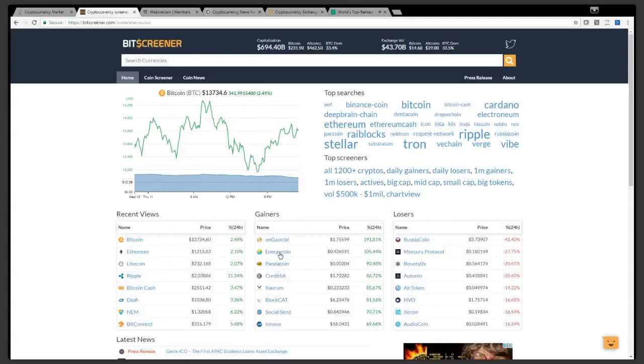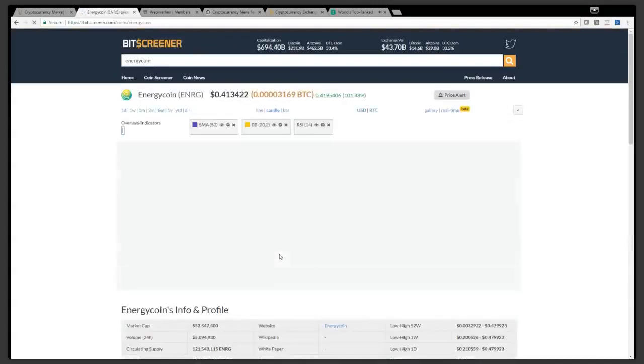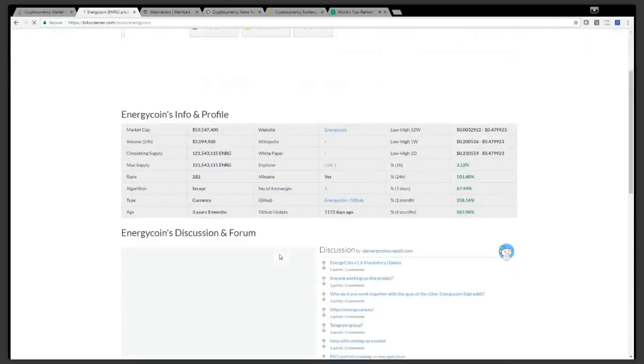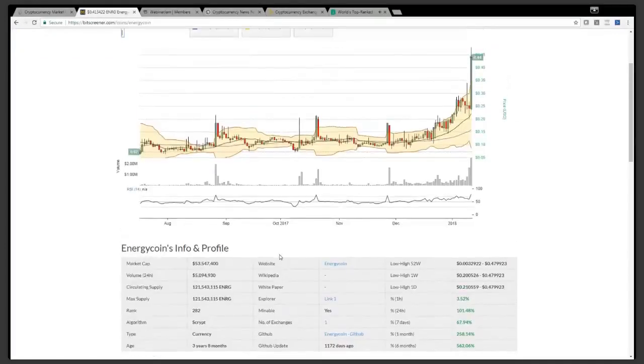It's seen a very huge explosion since it's been on the exchange. It's relatively new. Go down, scroll down. Okay, you can see this coin has had about 258% explosion. Over the last 6 months, it's been 562.